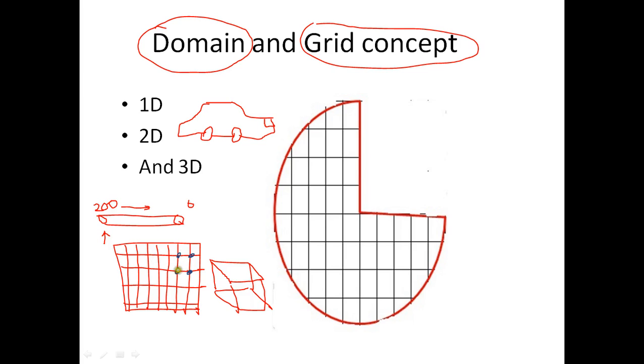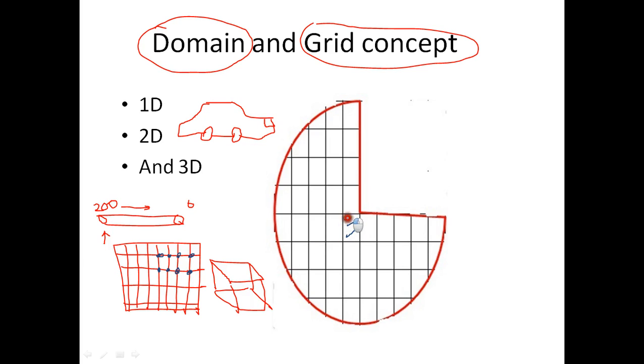So for each node we have to calculate the solution of that partial differential equation. This is the main theme of the finite difference method. So I'm going to show you about the grid, several grids, how we can do that. For example, this is the grid, this is a domain, and this rectangle we have subdivided into several squares.